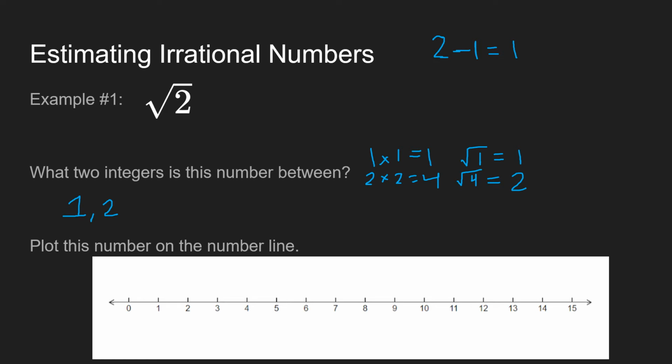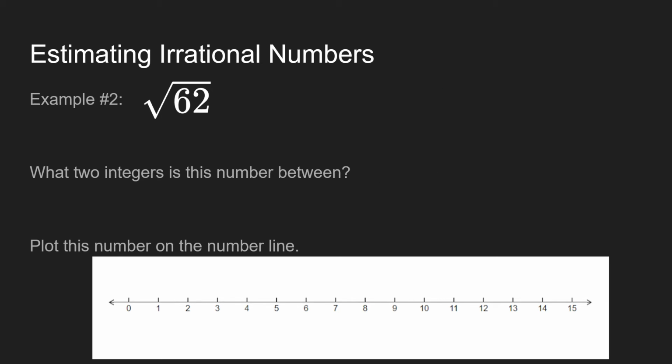So the square root of 2 is 1 unit away from the square root of 1. Then for the second one, 4 minus 2 is 2. So the square root of 2 is 2 units away from the square root of 4. So the square root of 2 will fall about right here on the number line, because when you evaluate it in a calculator, it's about 1.4, so it's just shy of the halfway point.